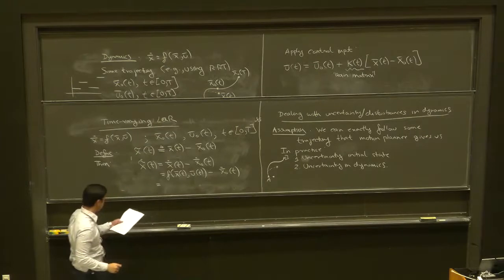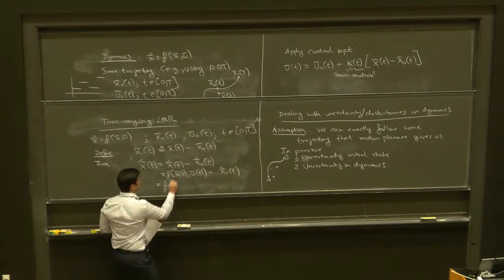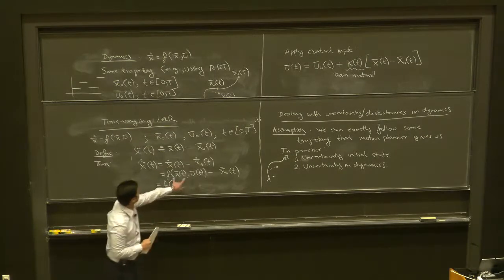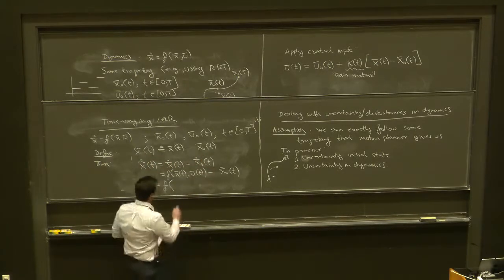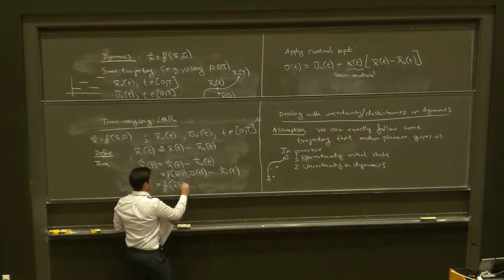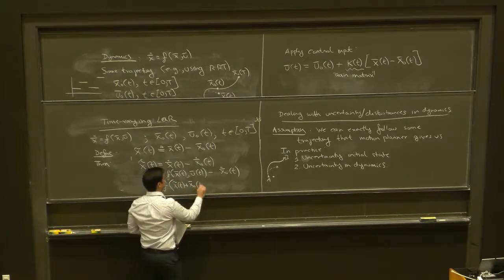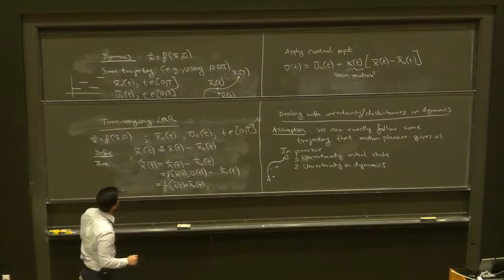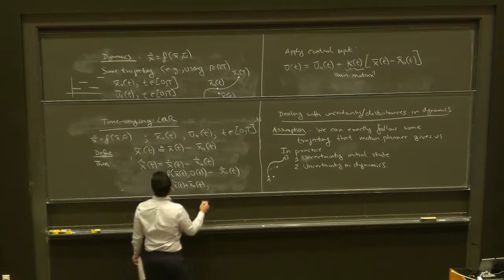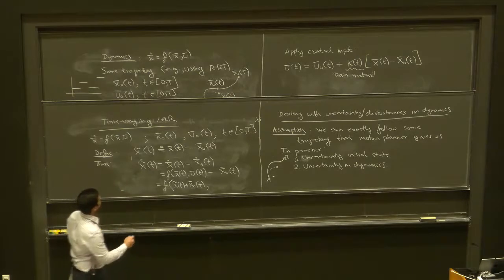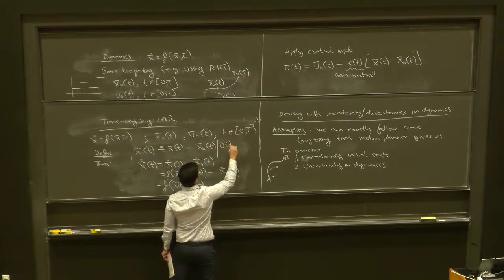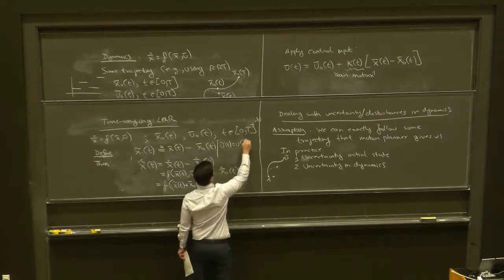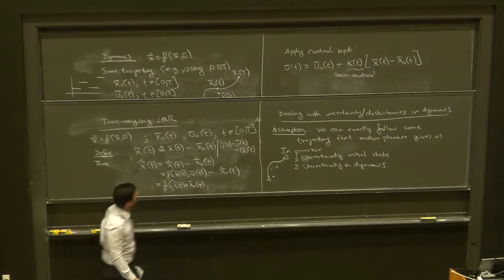And then I'm just going to rewrite this. By definition, x at time t is x tilde plus x0. And the same thing with the control inputs. So u tilde at time t is u at time t minus u0 at time t.